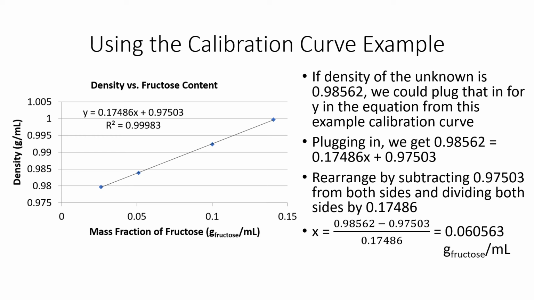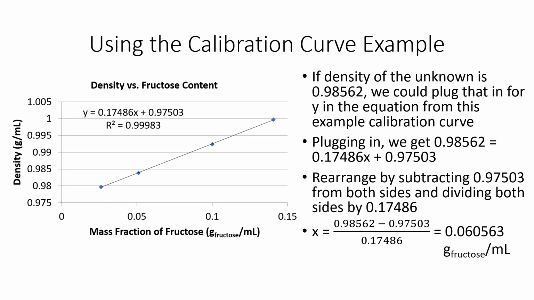In my example calibration curve, my equation is y equals 0.17486x plus 0.97503. I plug in my density value for the unknown and get 0.98562 equals 0.17486x plus 0.97503. To get x by itself, I subtract 0.97503 from both sides and divide both sides by 0.17486.